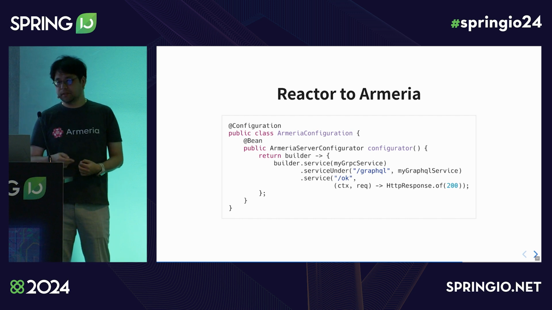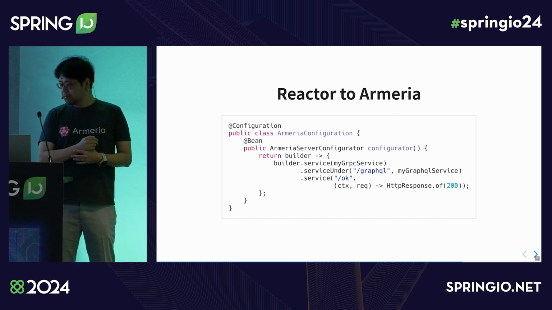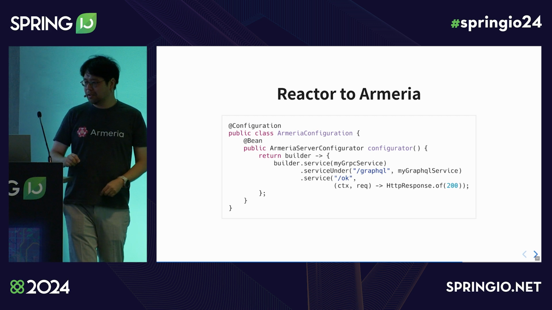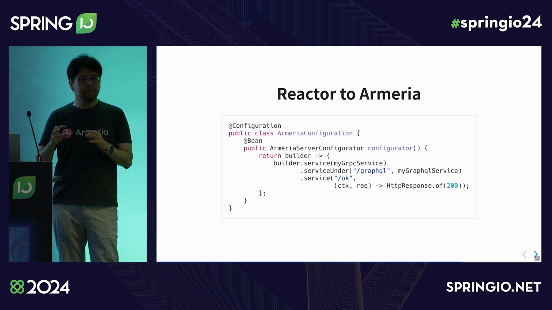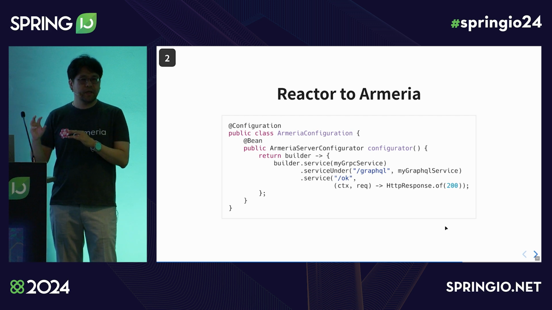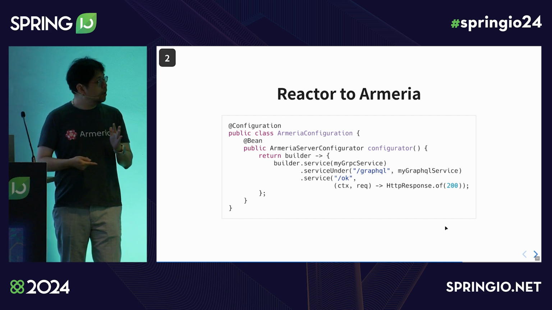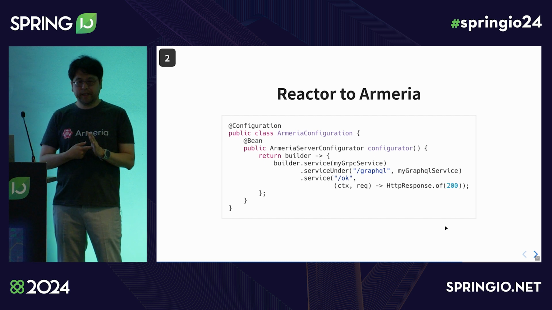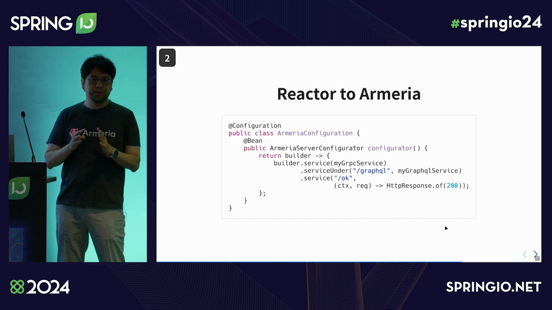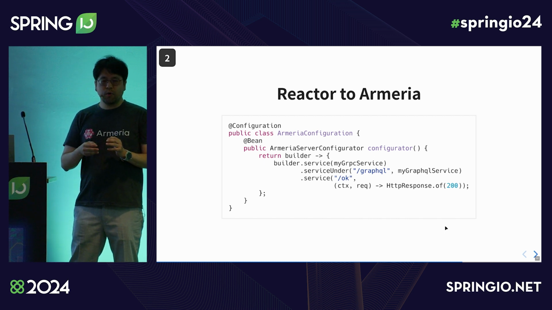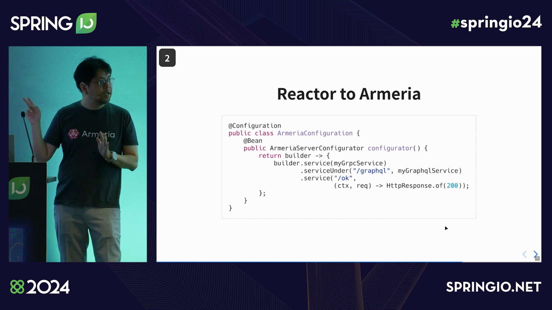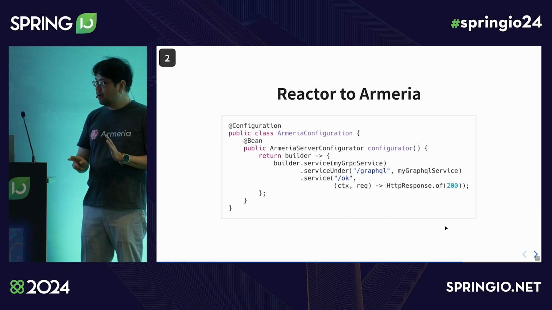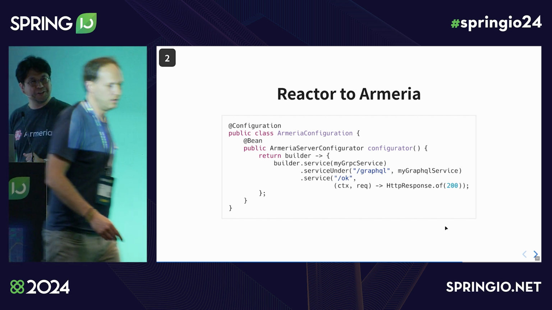So in this case, we're gonna reuse the embedded Tomcat server created by Spring Boot and plug it into Armeria server, so that Armeria handles all the HTTP requests. And then once Armeria received a request, the request will be redirected to the embedded Tomcat created by Spring Boot.